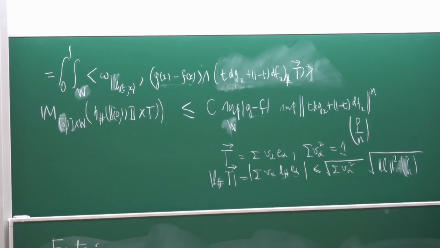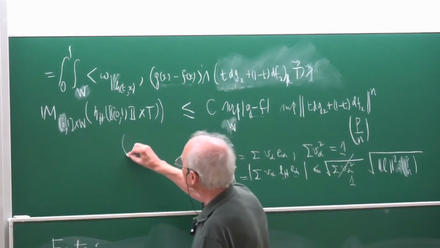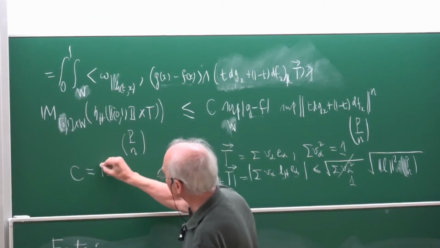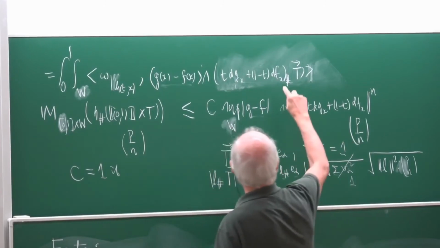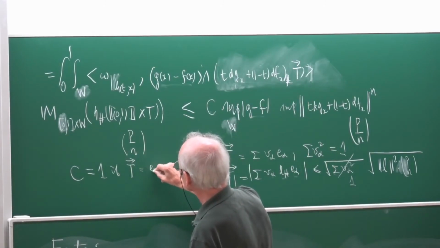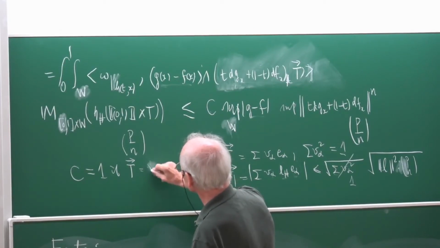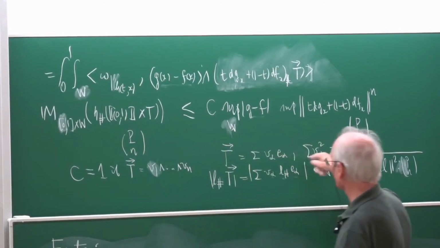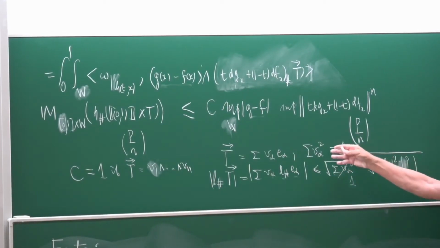If you use the Cauchy-Schwarz inequality, this bit's 1. So the constant that you get here is p choose n. You can take c equals 1 if you know that T is a simple vector. If T can be written in the form v1 up to vn, then there's just one term, and you don't have to go through this procedure.